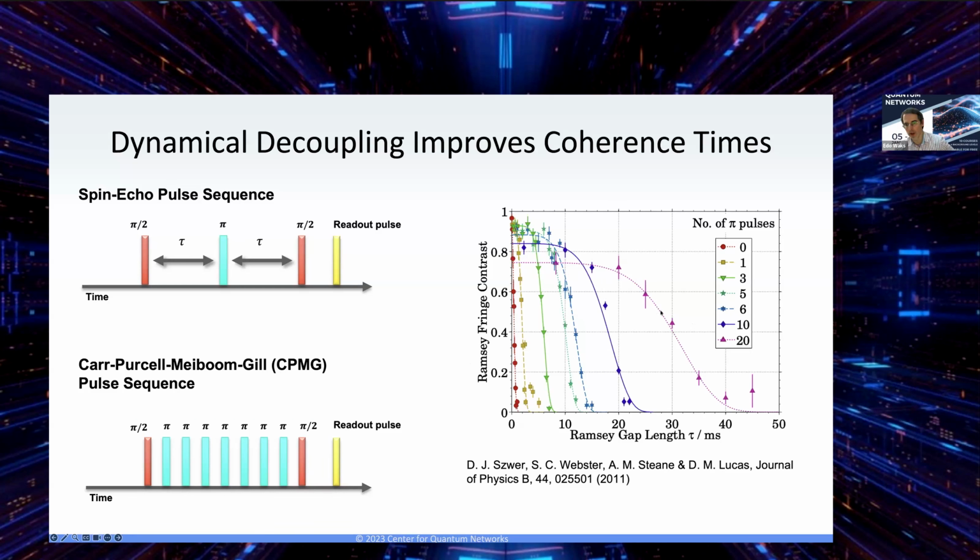So that's 3 orders of magnitude improvement in coherence time using these very powerful dynamical decoupling pulse sequences. And so when you don't have the coherence time you need, hopefully you can use dynamical decoupling to improve it, so that you can get coherence times long enough to preserve your entanglement while you distribute it over your network.